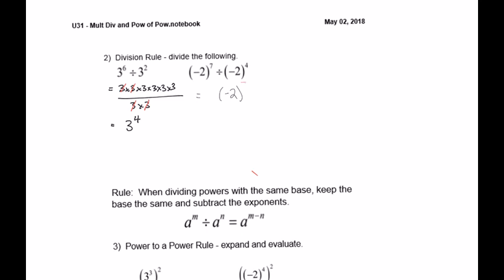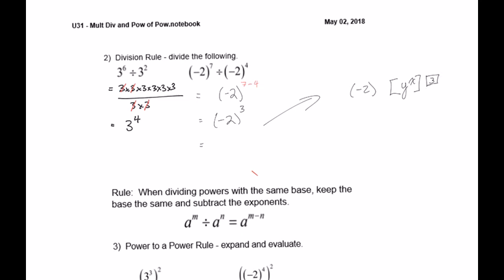The front exponent is 7 and the second exponent is 4. So our final answer is -2 in brackets raised to the 3. Punching that in your calculator, you're going to type in -2, then hit y to the x, and then the number 3.